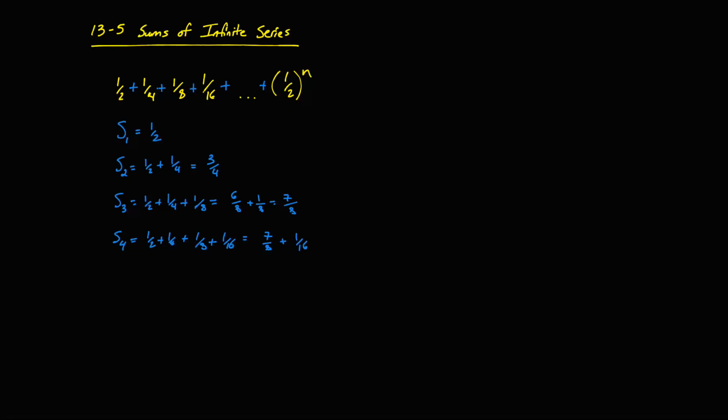I'm just taking my preceding sum and bringing it right here because that's what I know this chunk is. I have to remember to multiply by 2 to get the same common denominator. This is going to be 14/16 plus 1/16, and you're going to get 15/16 here. You see that?